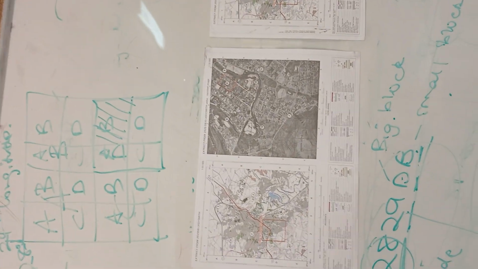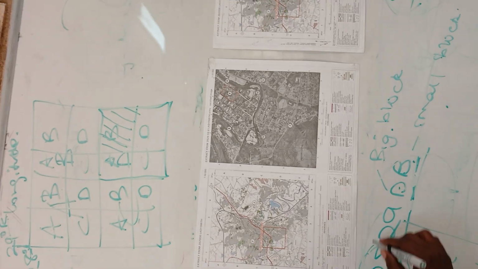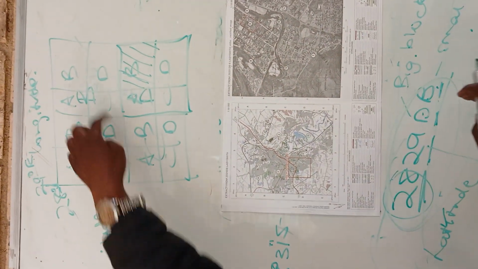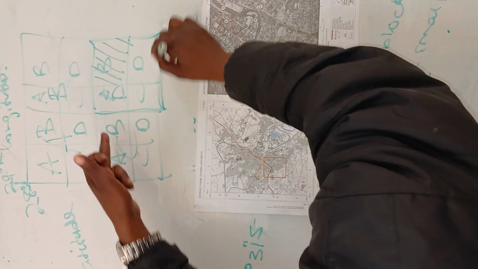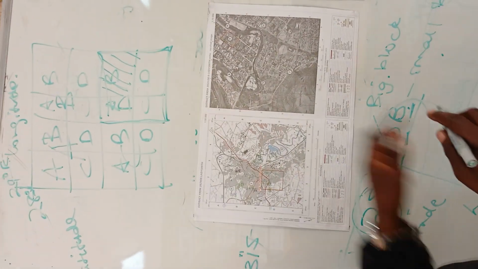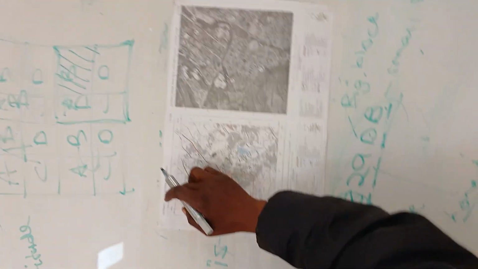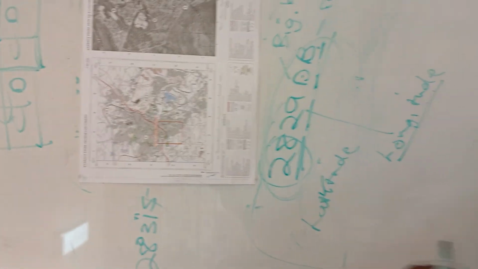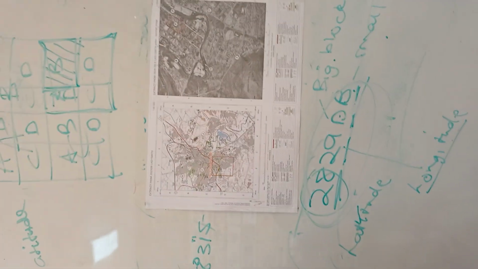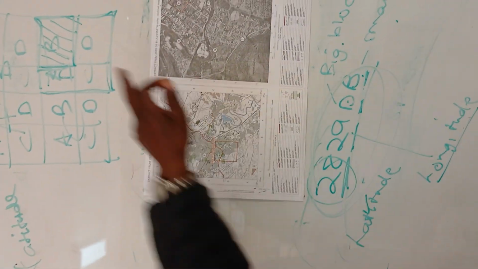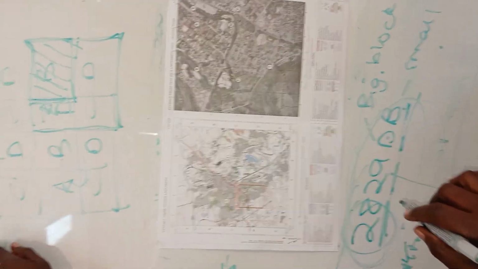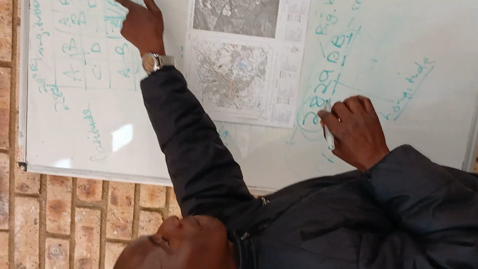That's how they come up with this map reference or map code, 28, 29 DB: 28 latitude, 29 longitude, bigger block A, B, C, D, in this bigger block this is our D, and the smaller block is B. So what we have here, 28, 29 DB, is only this area. It's an extract from the 28 DB topographical map. So this is what is shown on your map from the whole block A, B, C, D: 28 latitude, 29 longitude, D bigger block, B smaller block.